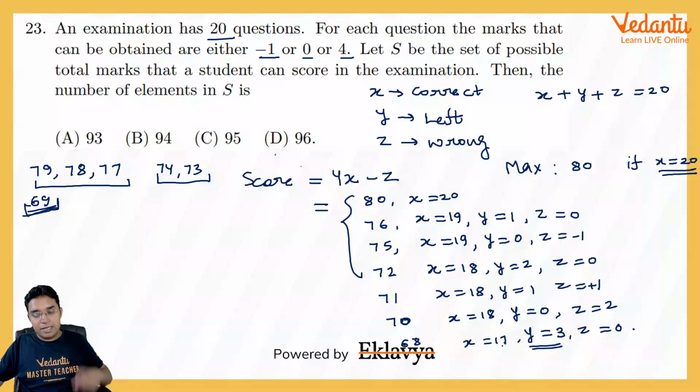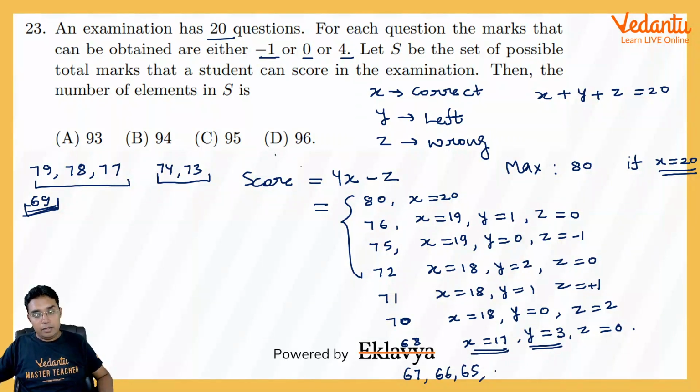In this case, 17 questions were correct, 3 were left. Instead of 3 left, it could have been 2 left, 1 wrong, 1 left, 2 wrong, or all 3 wrong. So this way you can reduce your score by 1 every time. So 68 to 67 will be possible, 66 will be possible, 65 will also be possible.